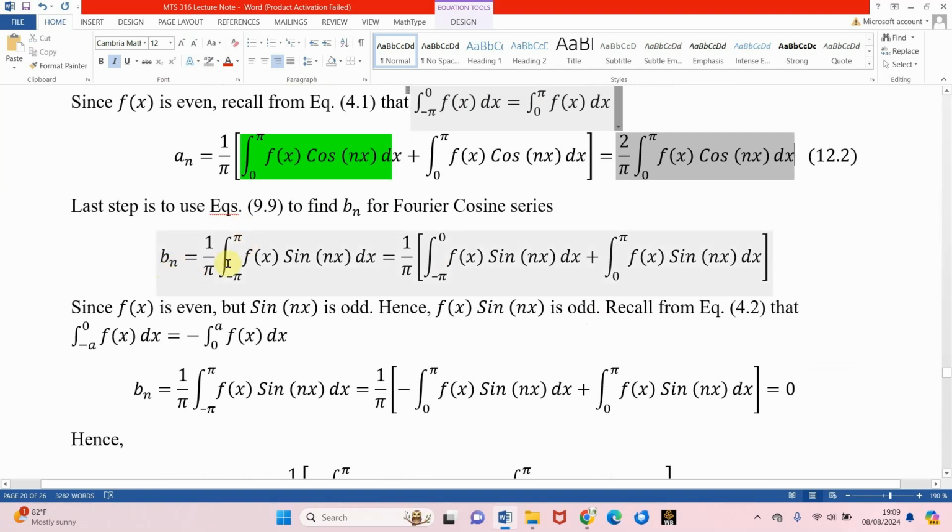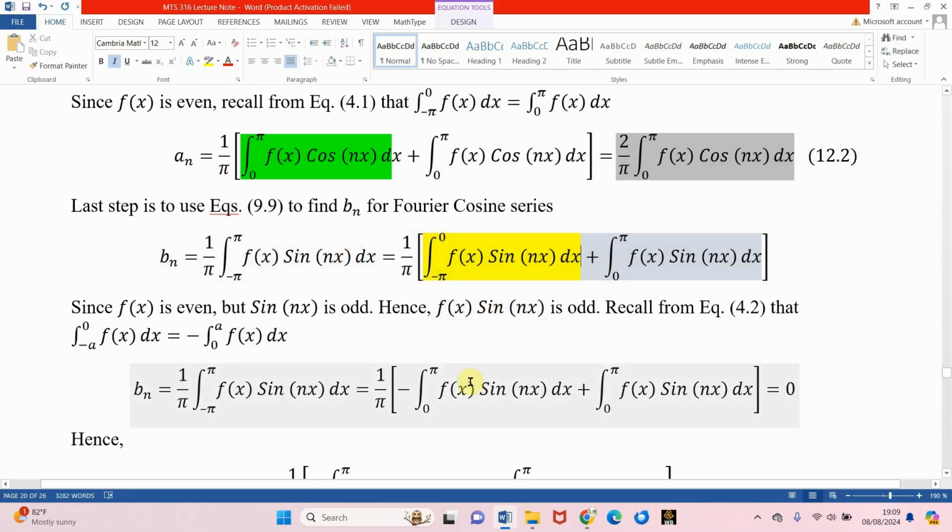For our Bn, we have this expression, but we can know that since f of x is even and sine nx is odd, the product will be odd. Why is it odd? F of x is even, sine nx is odd, and even times odd gives us odd.